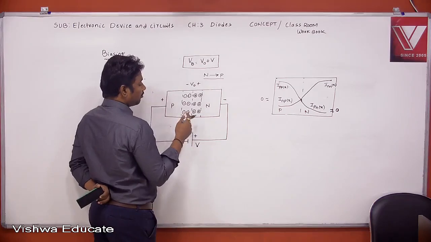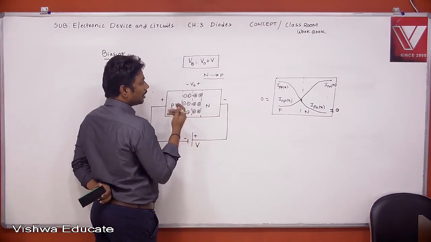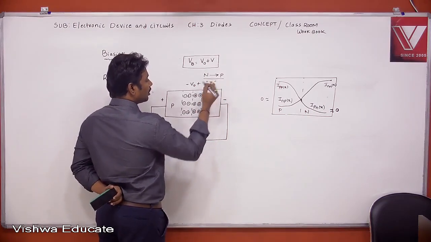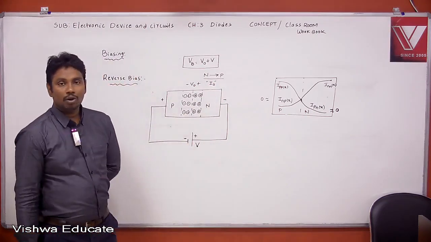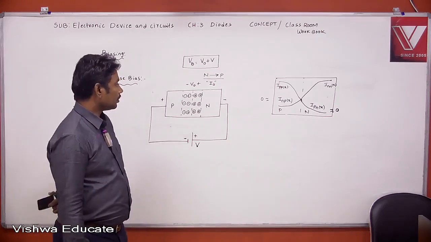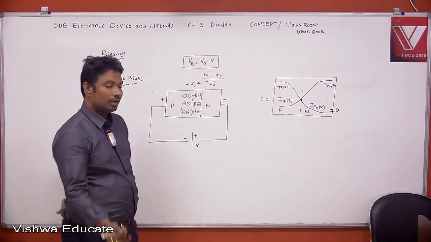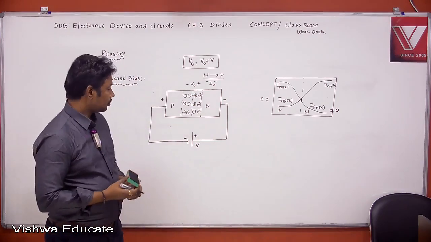Why is it negligible? Because the current is due to minority carriers. That current is called reverse saturation current or leakage current, denoted with I naught. Copy, write down the notes.